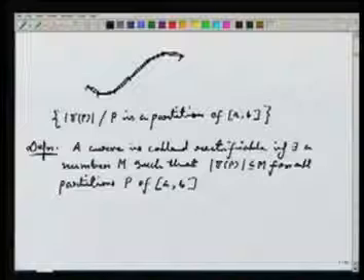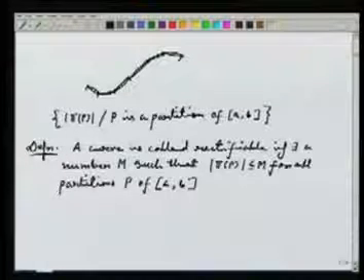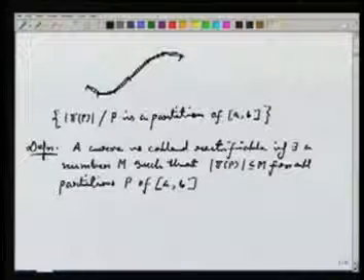The idea is that if I can get a rectifiable curve, perhaps I can go for defining the length of that curve. Well, if no such number M exists, those curves are bad curves, they are called non-rectifiable.